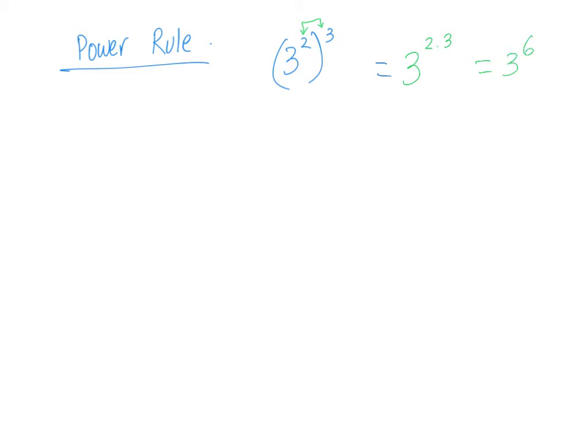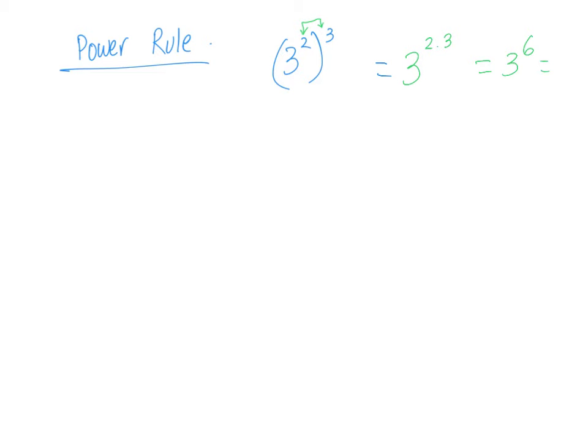Then we have the power rule or the power law. So if you have 3 squared exponent 3, here we multiply these two values. So we'll get 3, 2 times 3, which becomes 3 exponent 6.